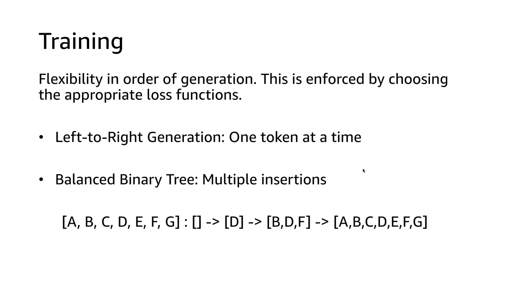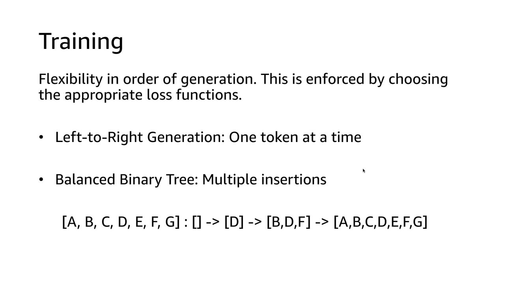A left to right ordering is basically a vanilla transformer, so the left to right generation is basically one token at a time. So you don't really need to change your loss function significantly. It's the exact same loss function as you use in a transformer.